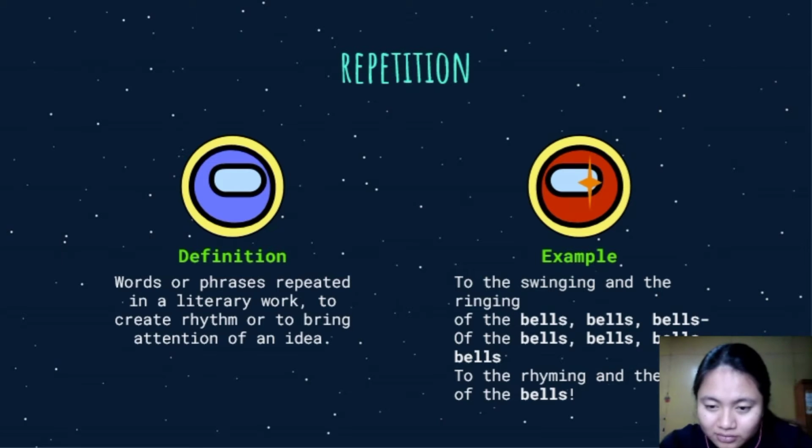Obviously we see the word bells being repeatedly used in this writing. It is to create rhythm. It depends on the context, on how the writer used repetition. Maybe he or she wants to create rhythm, or maybe to bring attention to an idea.